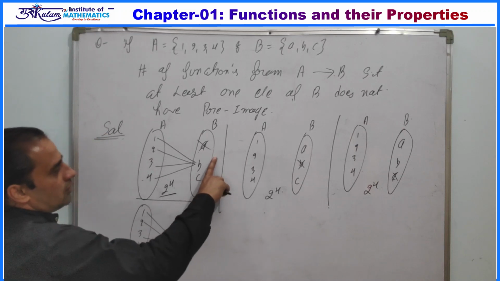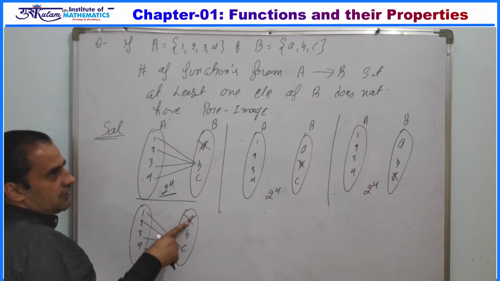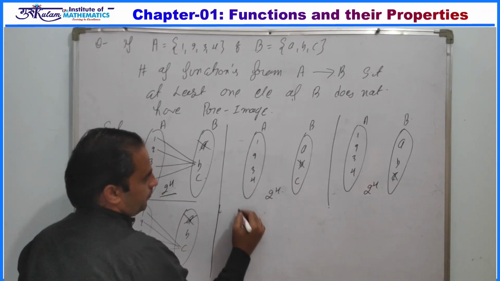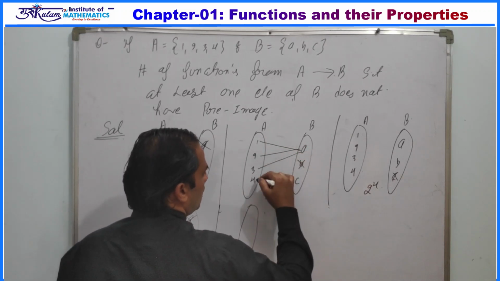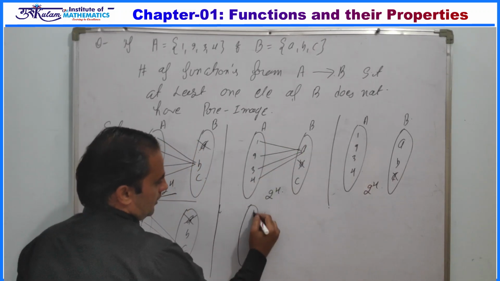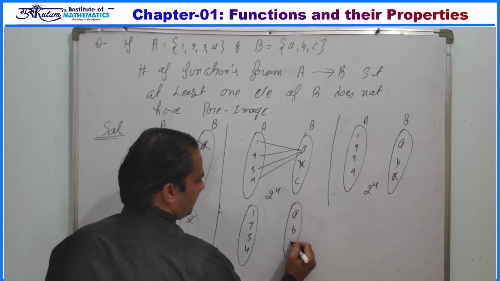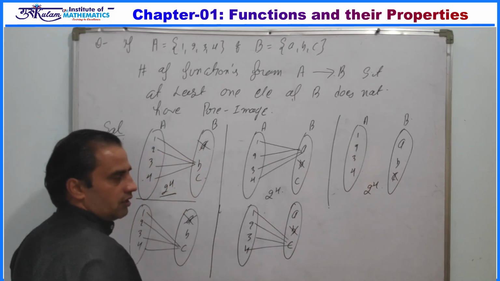These are functions in which a and c do not have a pre-image, and this is the function in which a and b do not have a pre-image. In this case, we can define a function in which all elements map to a, and another function from {1, 2, 3, 4} to {a, b, c} in which all elements map to c, because b is already excluded.